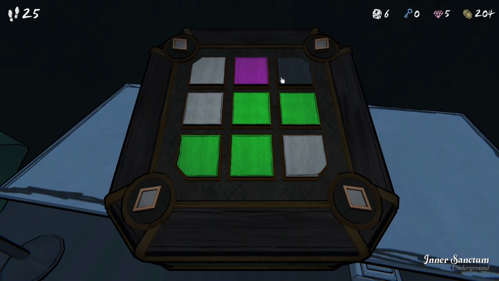Okay, there we go. Okay, we can do that one. Oh, white, purple.